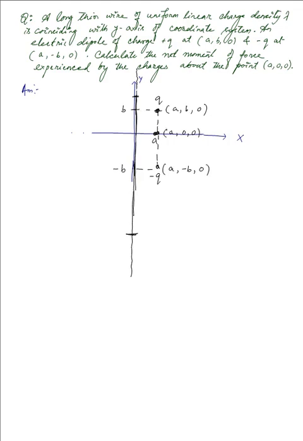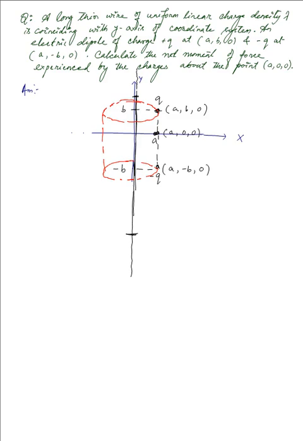Now for that we can take the help of Gauss's theorem, where we have the cylindrical Gaussian surface. If we construct a cylindrical Gaussian surface, we can calculate the electric field intensity. I'm going in detail in case you do not know how to obtain the electric field, or you do not know the expression for electric field intensity at those points.